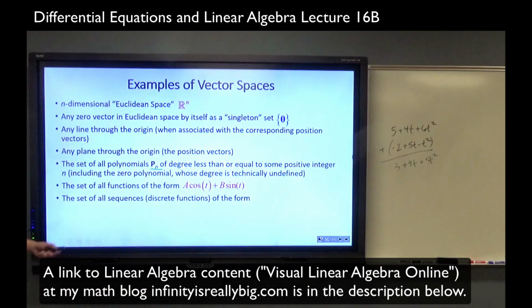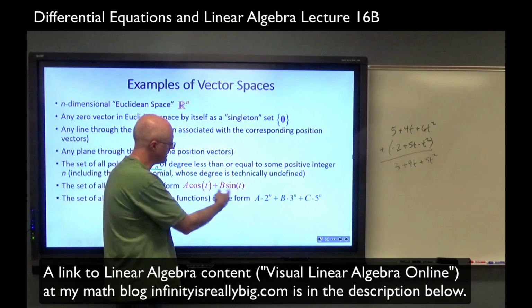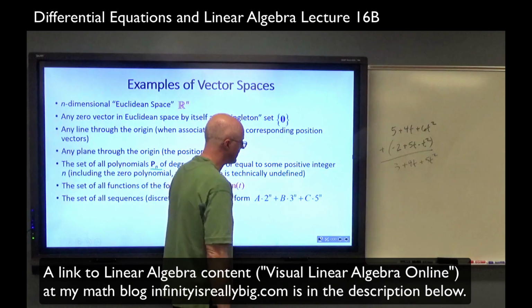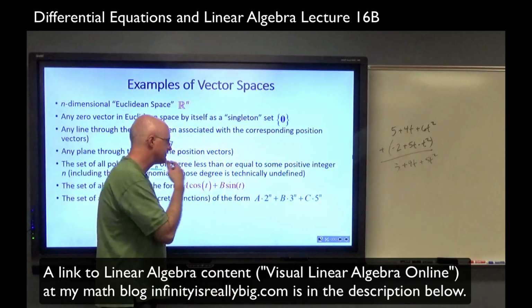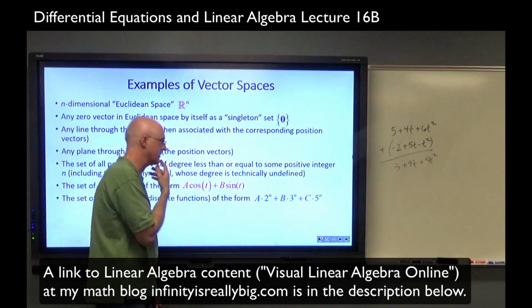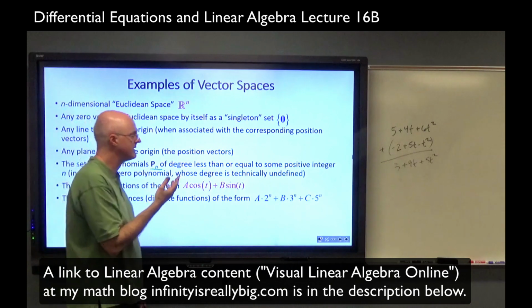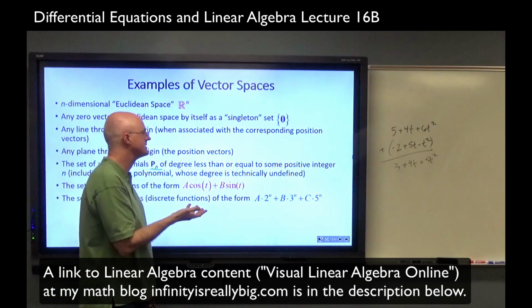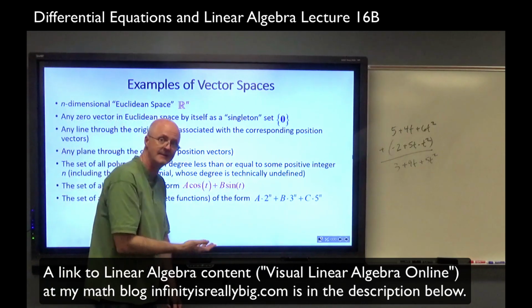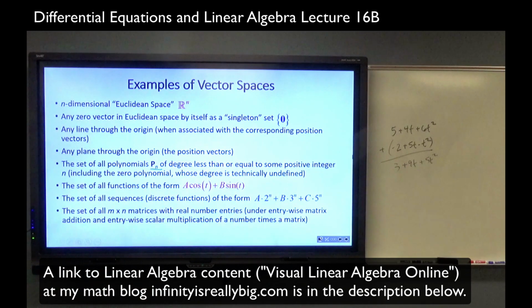The set of all sequences, in other words, discrete functions. Here I'm thinking of t as a real variable. Here I'm thinking of n as a discrete variable. It could be just positive integers. It could be all integers. n could be -1, -2, -3, etc. The a, b, and c, in a sense, determine the algebraic nature of these functions. I could, again, take them all to be zero, and I get the zero function, although the domain would just be the integers again.